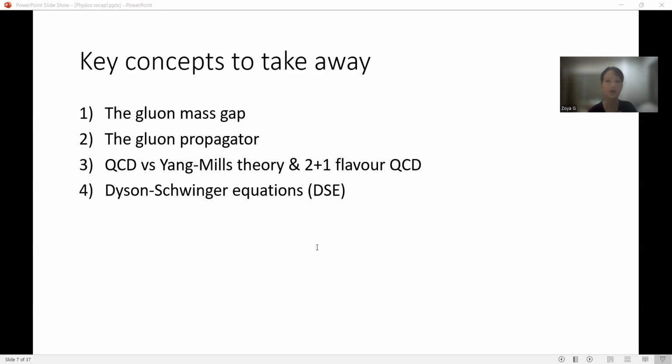Right? So this paper also compares Yang-Mills theory and quantum chromodynamics a lot, specifically 2+1 flavor QCD, right? Meaning there's two light quark flavors, so up and down, and then one heavier quark flavor, which from what I was able to find, appears to be strange quarks most of the time, right?